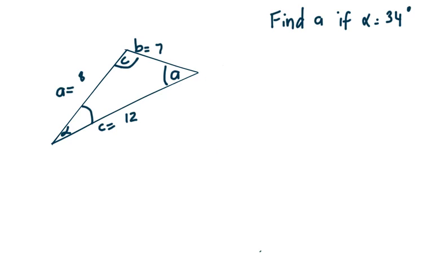We can use the same example, find A, that's angle A, if alpha is equal to 34 degrees. So now we have 3 sides that we know and 1 angle that we know. So let's see if we can utilize the sine rule. So once again, the sine rule says that side A over sine of angle A is equal to side B over sine of angle B, which in this case is sine of alpha.